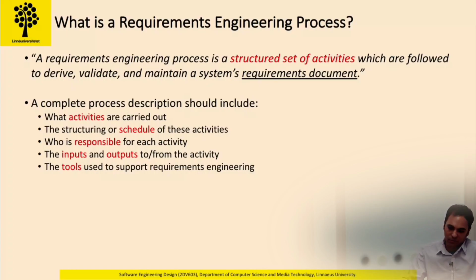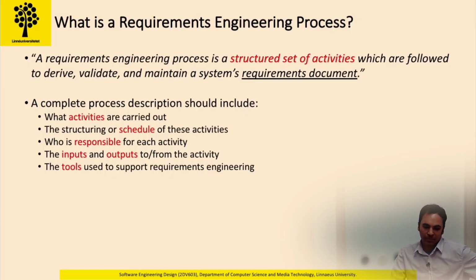Basically, it's the order of the activities. And then who is responsible for each activity? For each activity, like requirements elicitation, requirements validation, or even requirements maintenance, those are roles or responsibilities of different people, so we have to define those responsibilities. And also the input and output from each activity.